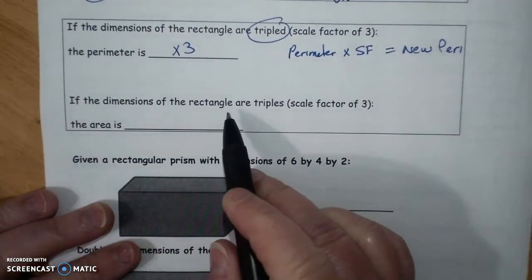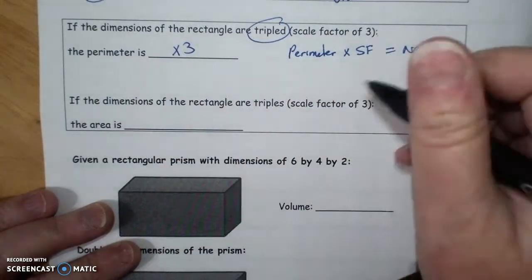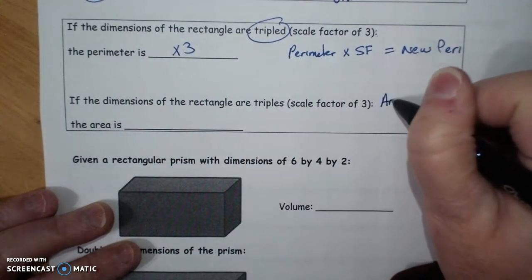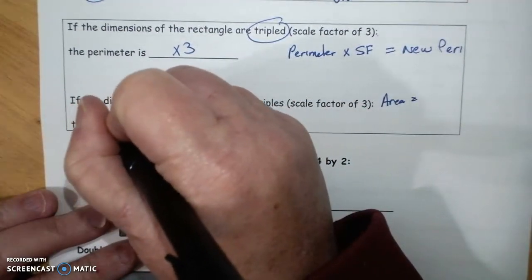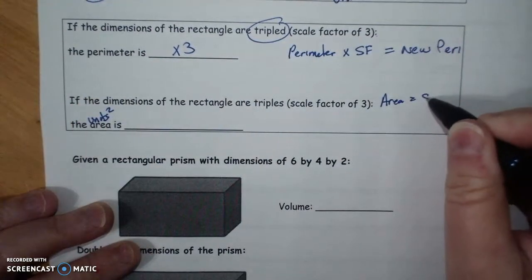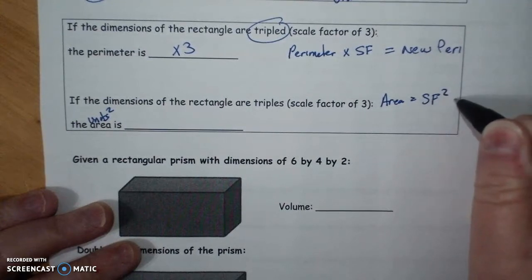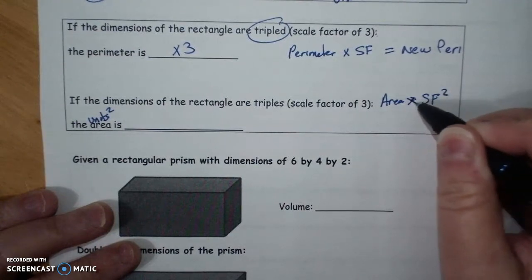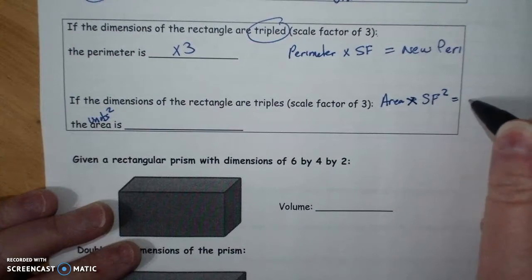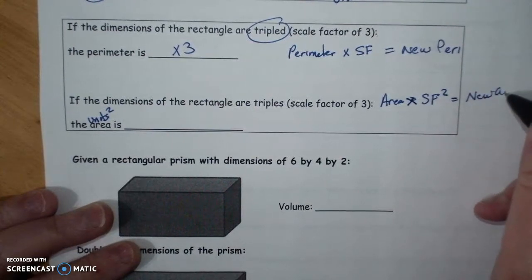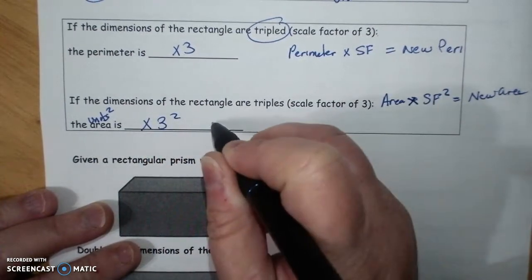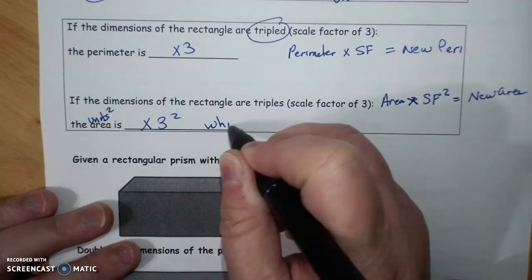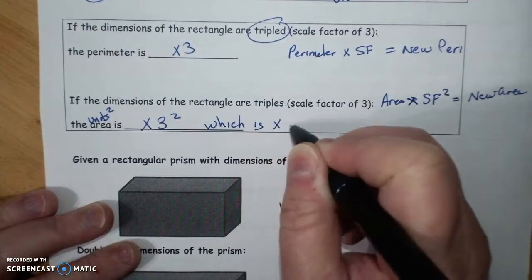If the dimensions of the rectangle are tripled, the area, which is units squared, so I'm going to do scale factor squared, times scale factor squared equals new area. So I'm going to say multiply by 3 squared, which is multiplied by 9.